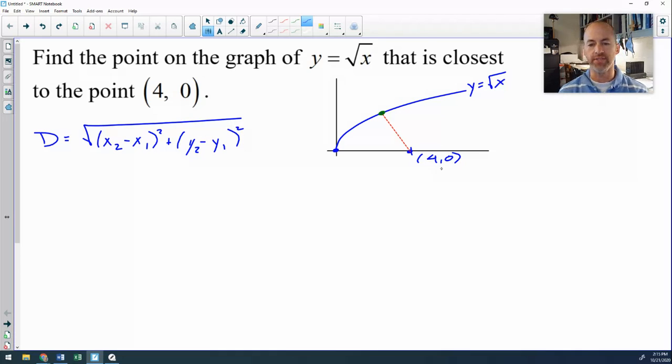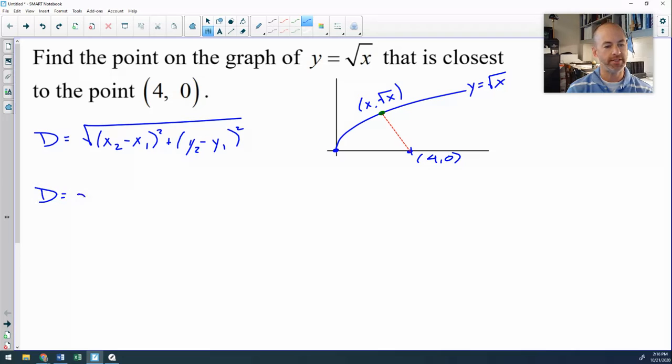Well, one is obviously (4, 0). This other one, I could just call it (x, y) and use those variables in the distance formula. But since I know that every point on this curve satisfies the equation y equals the square root of x, I am instead going to write that as (x, square root of x). And now I will apply the distance formula between those 2 points.